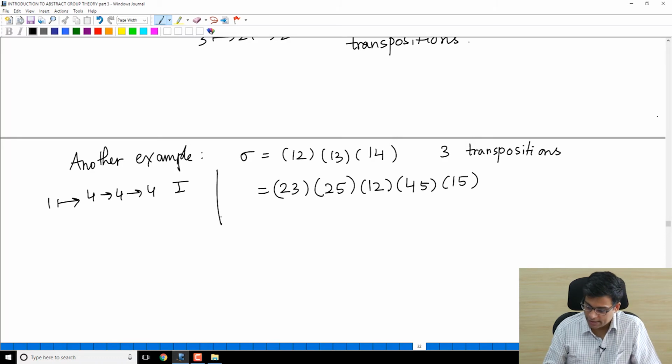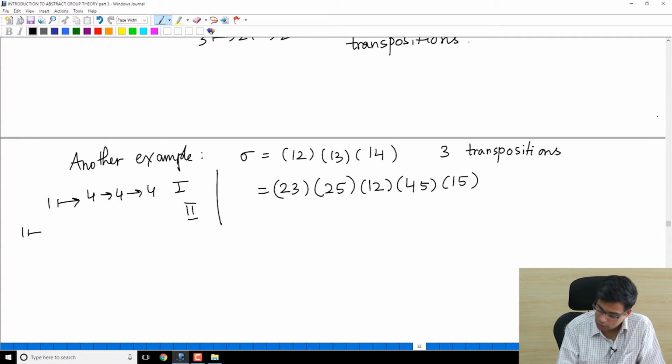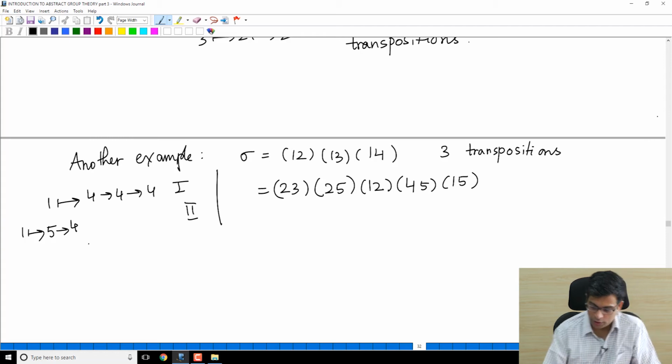What happens to 1 under the second one? 1 goes to 5, 5 goes to 4, and then 4 is not appearing there. So 1 goes to 4 under this as well. Similarly, you can check that these two decompositions are the same.